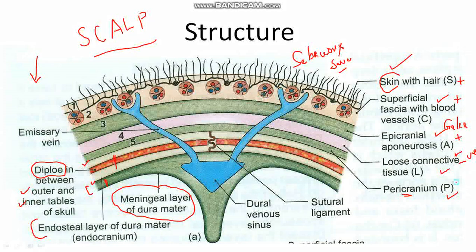In the pericranium we again put a negative sign, since it is also loosely adherent to the loose connective tissue, and the pericranium is also loosely adherent to the bone of the cranial vault.